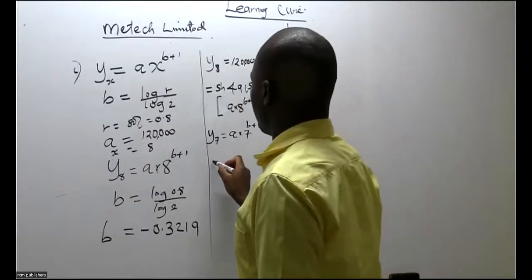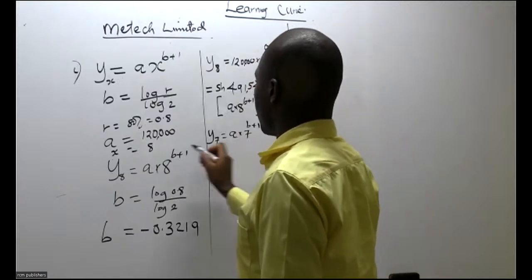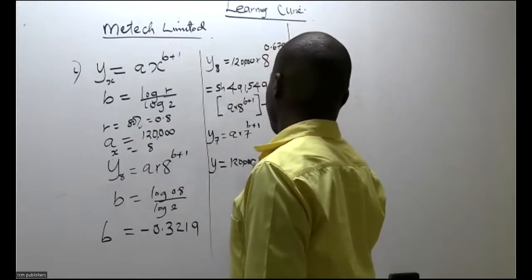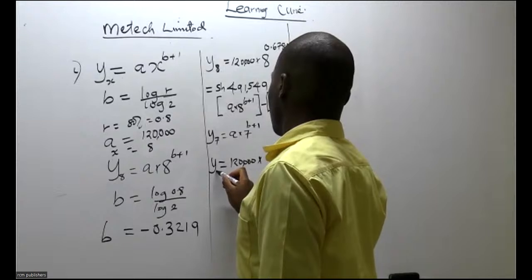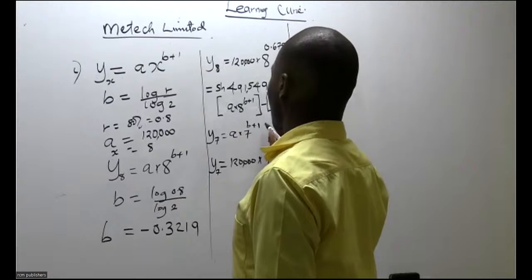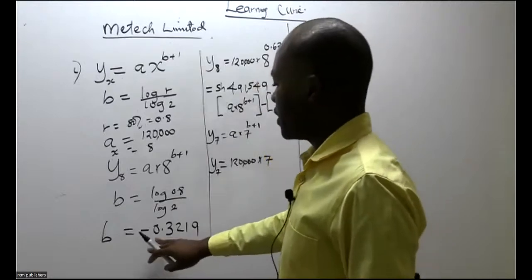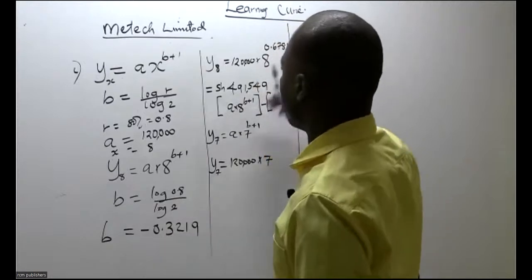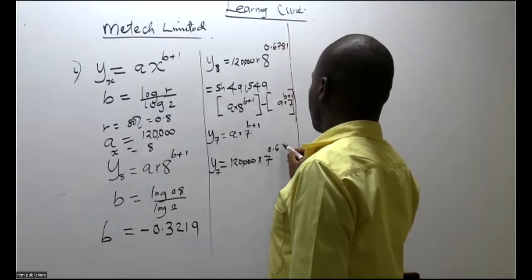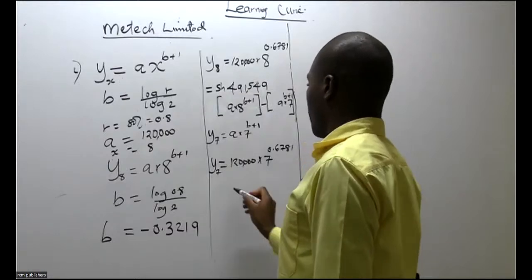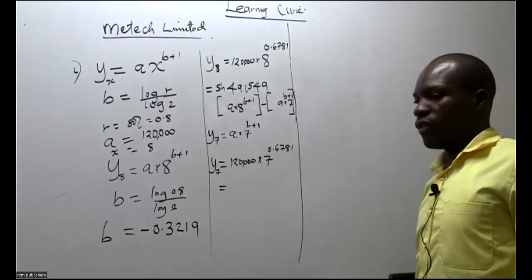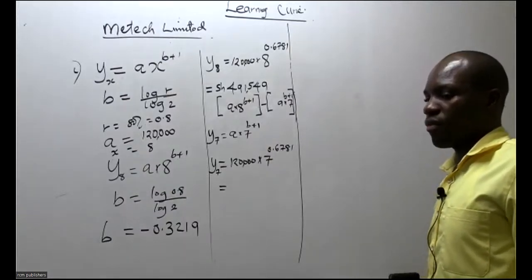Your a does not change, times x, which is now 7 raised to power b plus 1. Your b is this one here. Plus 1 is giving us what is up there. So raised to power 0.6781.